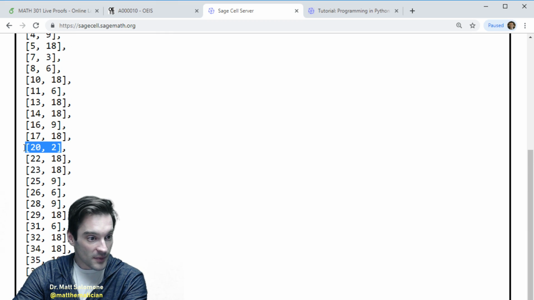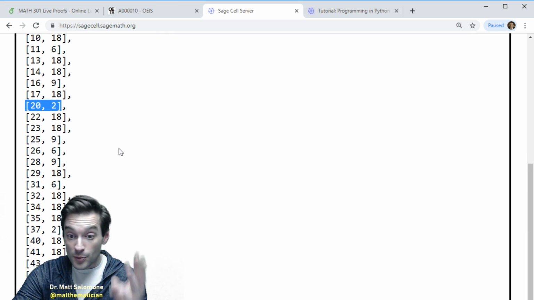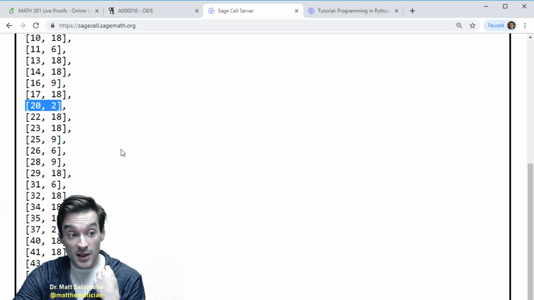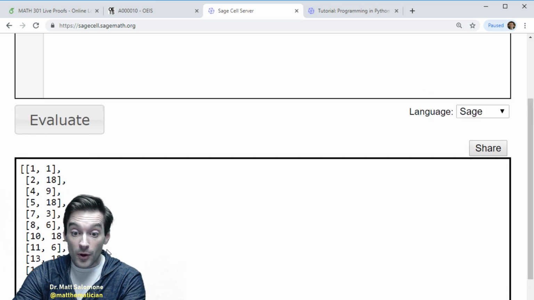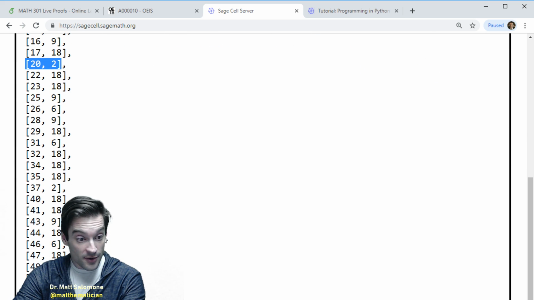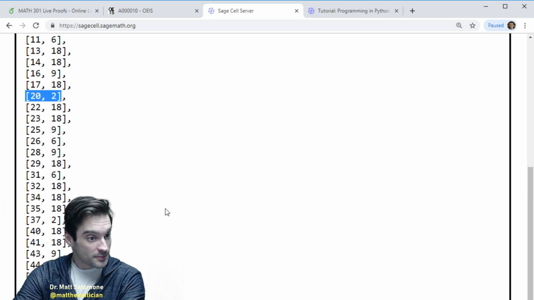Oh, and here 20 is an element of order 2. So there's 3 elements of order 2, just as we claimed a minute ago. There's a bunch of elements of order 18, but there is no element of order 12, and there is no element of order 4 that I see in this whole list. And notably, there's no element of order 36. So this group is definitely not a cyclic group.